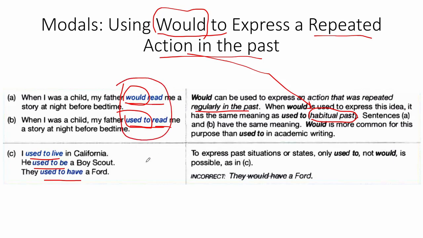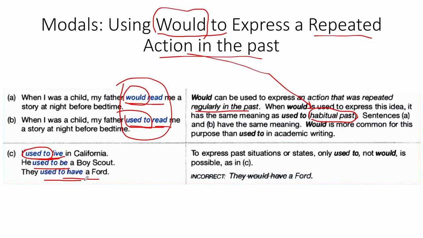But when we are talking about a situation in the past, like here, I used to live in California. Live is a situation. Used to be a scout is a situation. To have a fort is a situation. You are simply expressing a situation in these three types of sentences. So in this case, you can't use would. You can use only used to followed by the simple form of the verb.